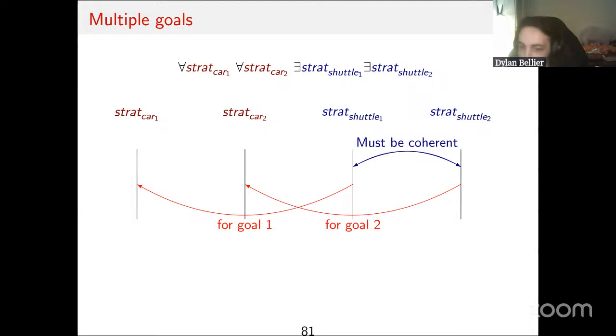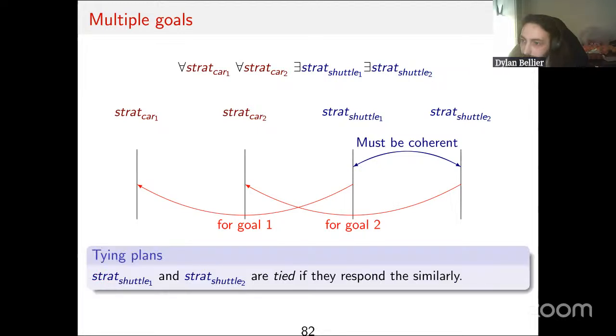And this is exactly the idea of tyings. So when you tie two variables, you say that the plans that they contain must have the same action as long as when they are used in bindings, the history that is computed through these bindings is the same.